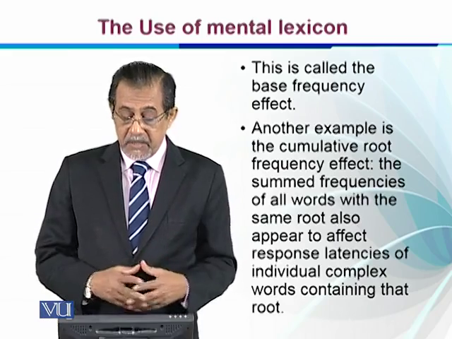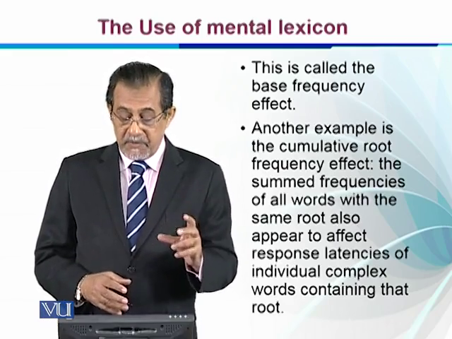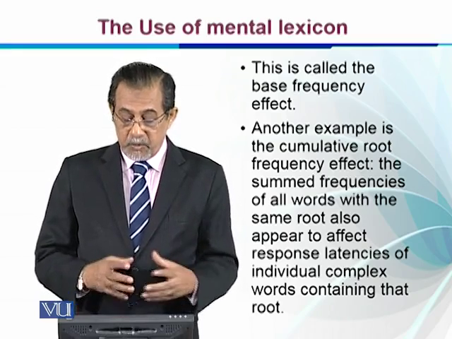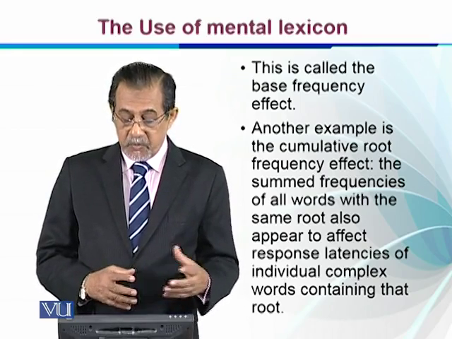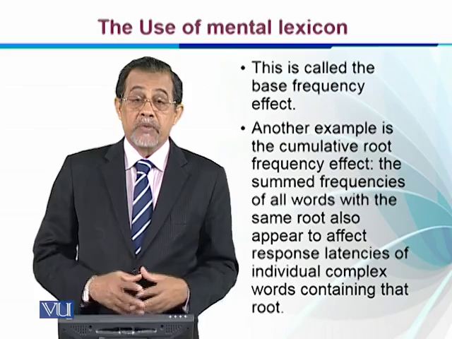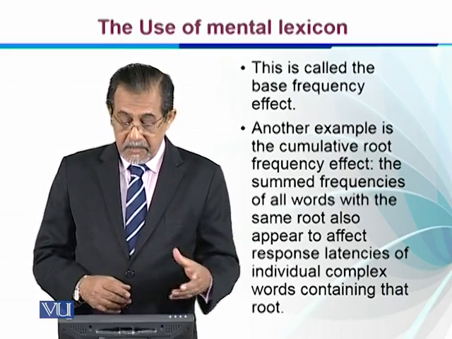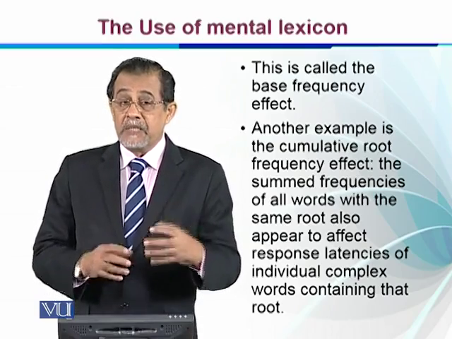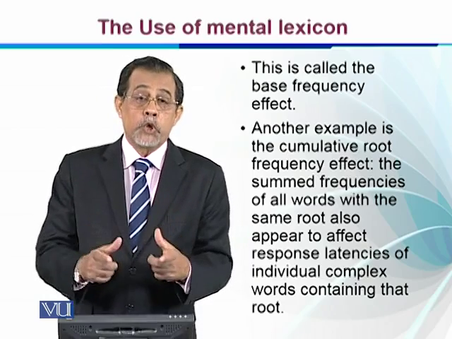Another example is the cumulative root frequency effect. It means the summed frequency of all words with the same root also appears to affect the response latency of individual complex words containing that root. Response latency is the duration between stimulus and response, which becomes shorter.